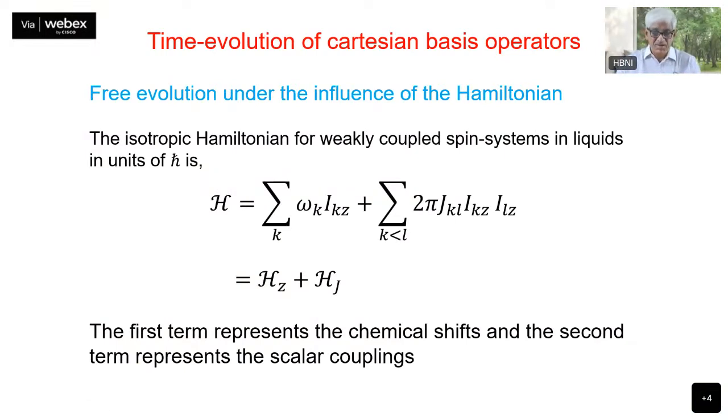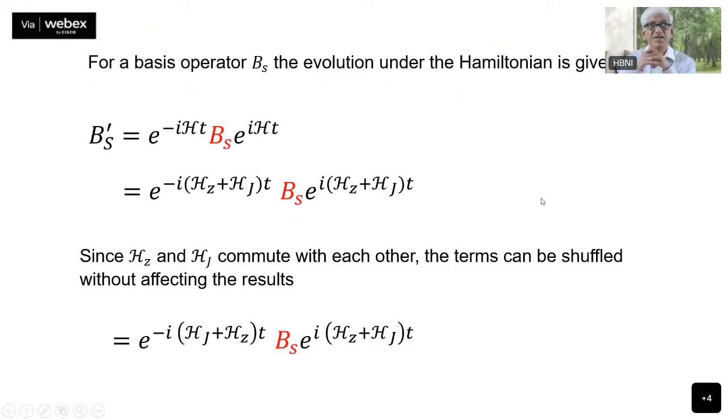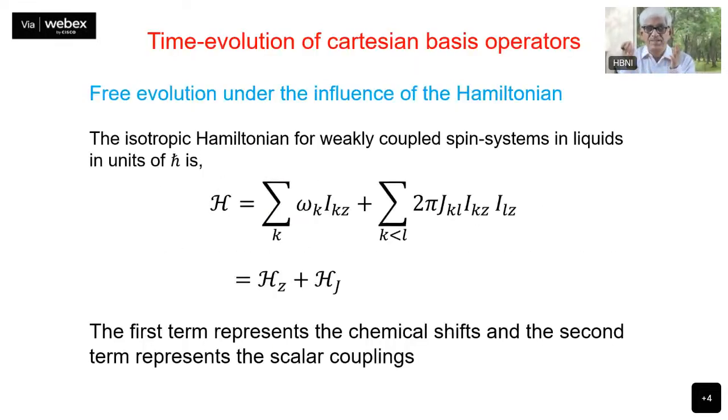So now, having understood what these individual basis operators mean, now we have to calculate the density operator, right? Through the pulse sequence, we have to calculate the density operator. That means the evolution of the density operator means evolution of the Cartesian basis operators. How these basis operators evolve under the influence of the various perturbations, like it can be the Hamiltonian, which can be free precession.